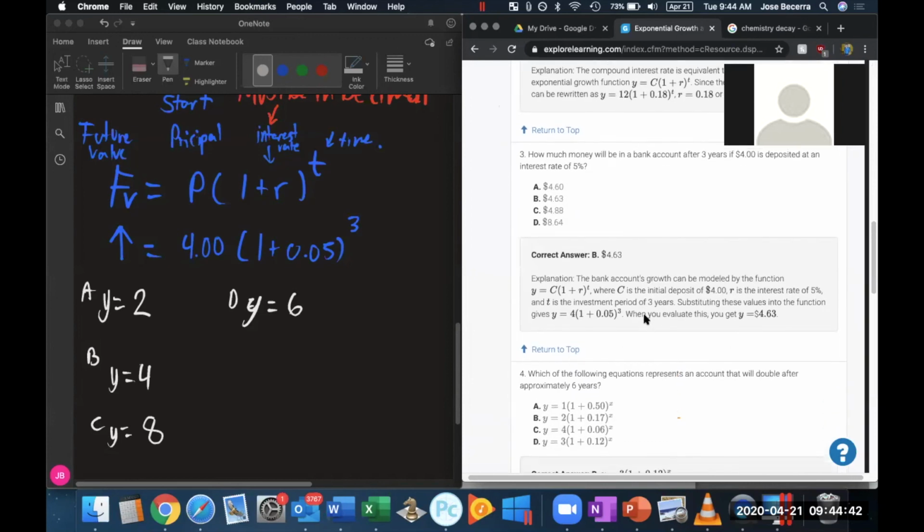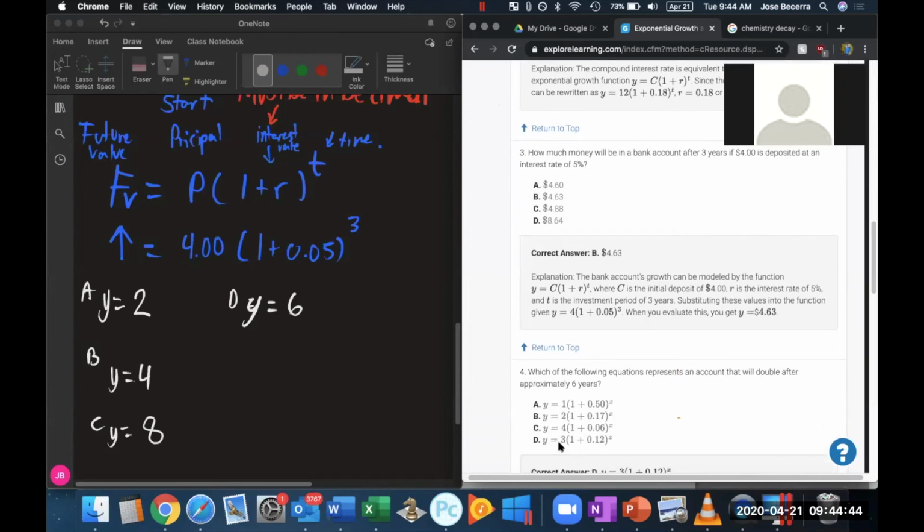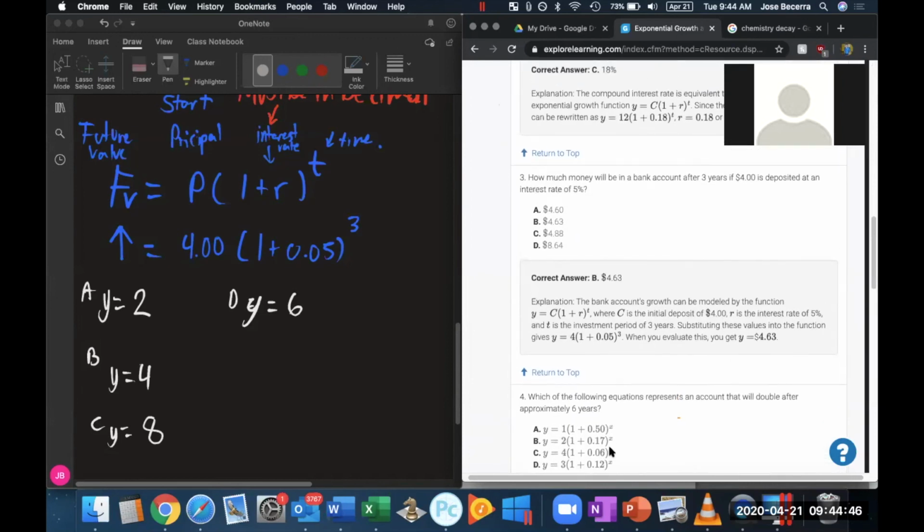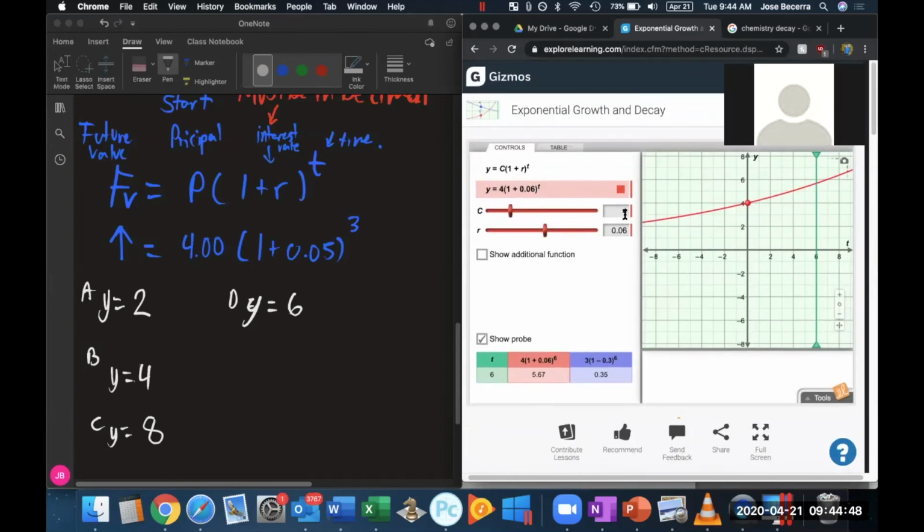So let's see this one, 3 and 0.12. Okay, did that one double? Not exactly, but it's so close that that's going to be our answer, okay?